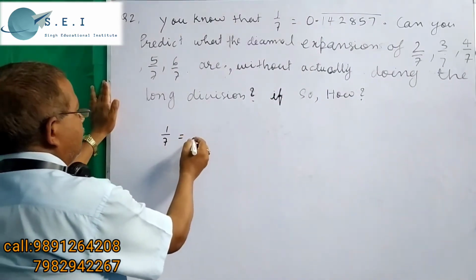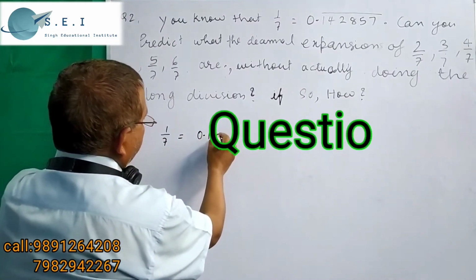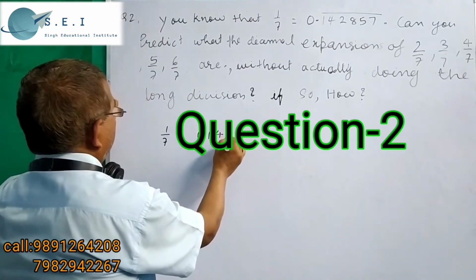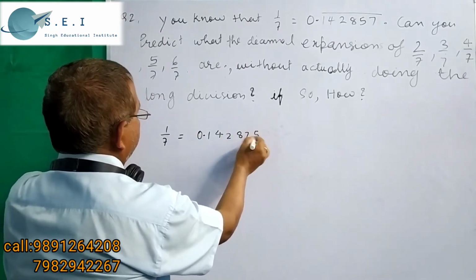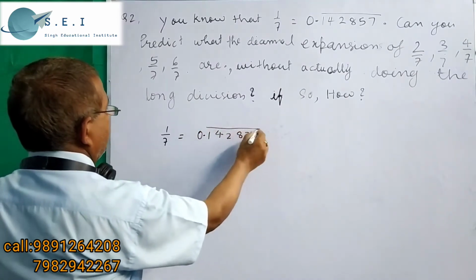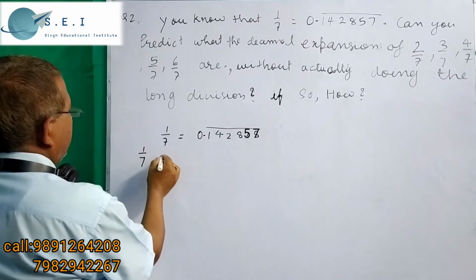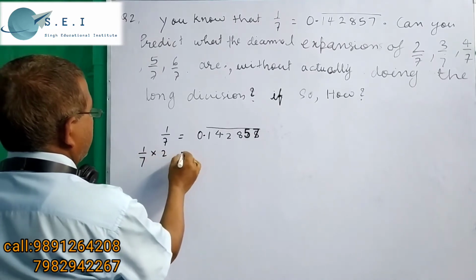Consider 1 by 7, which is equal to 0.142857. To get the value of 2 by 7, multiply this by 2 on either side.